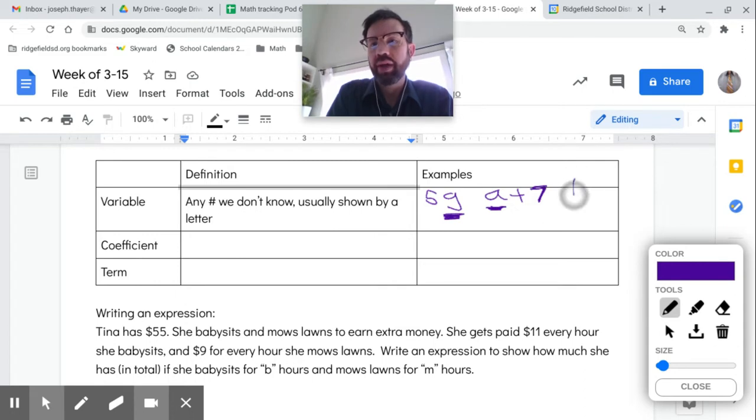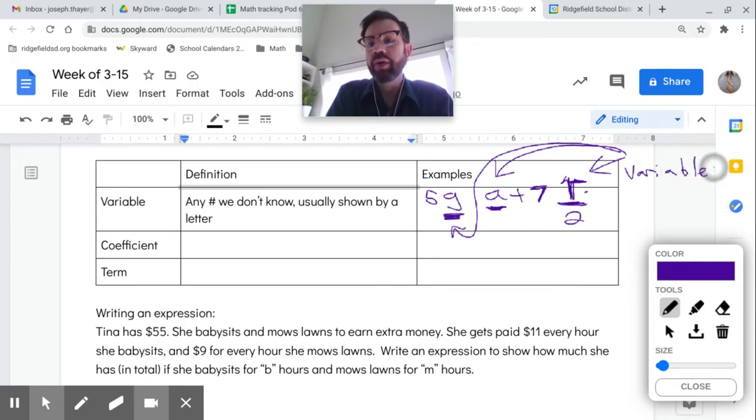If I have gamma divided by 2, then gamma is my variable. Variables.